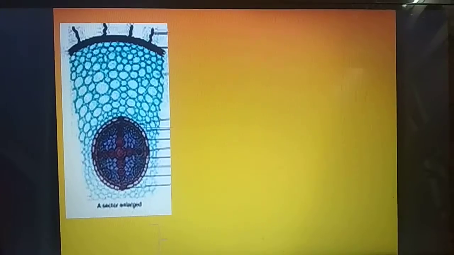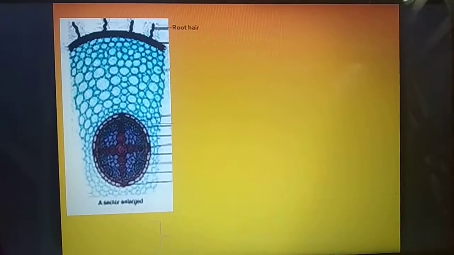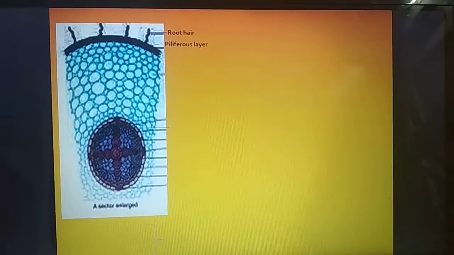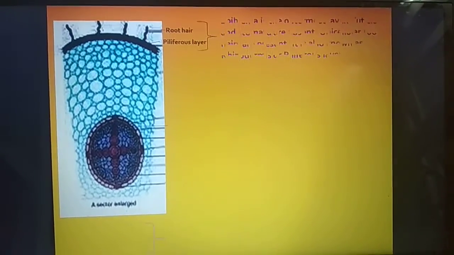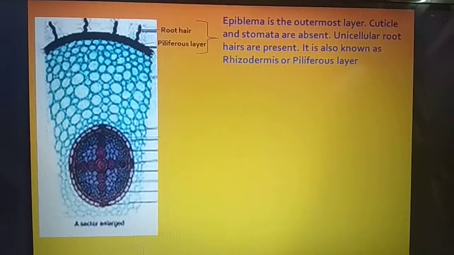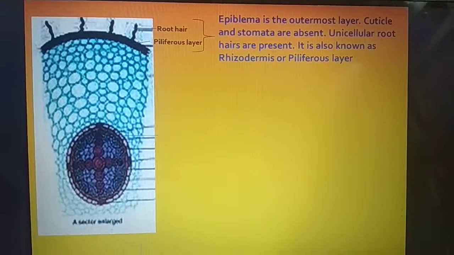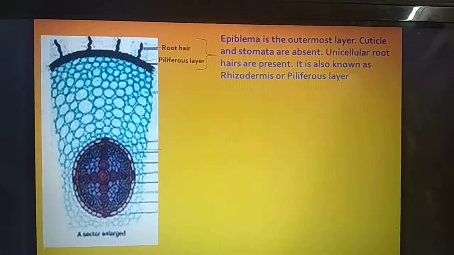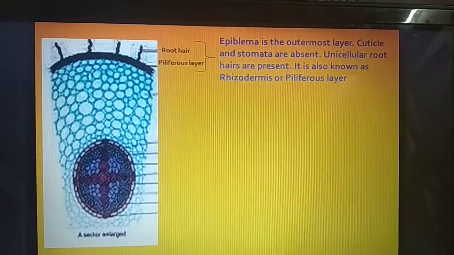Now we are going to see the enlarged diagram. Root hair and piliferous layer together are called epiblema, the outermost layer.